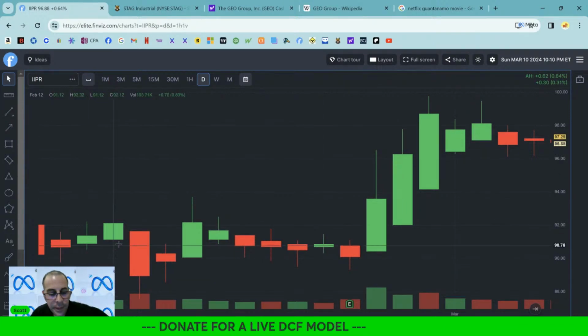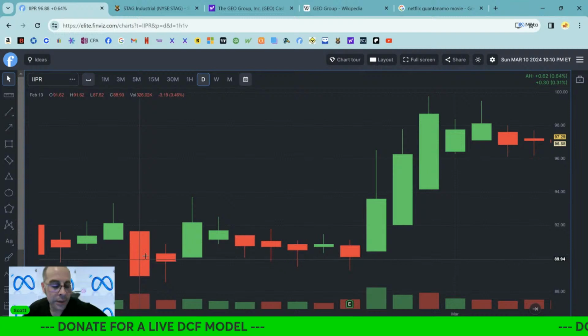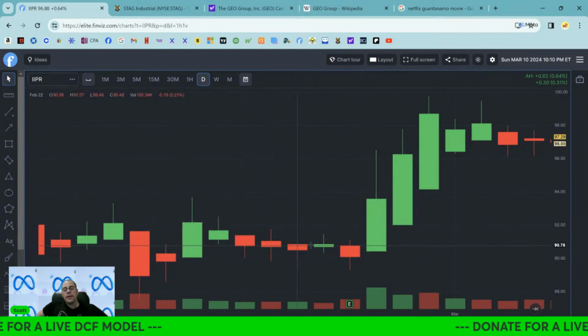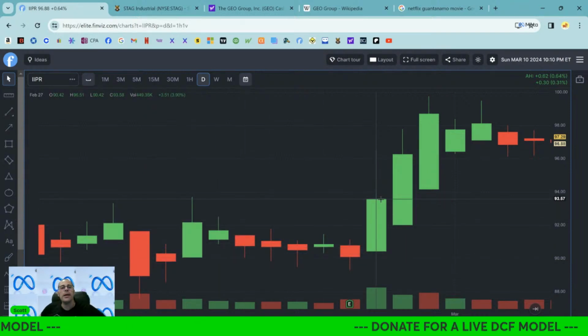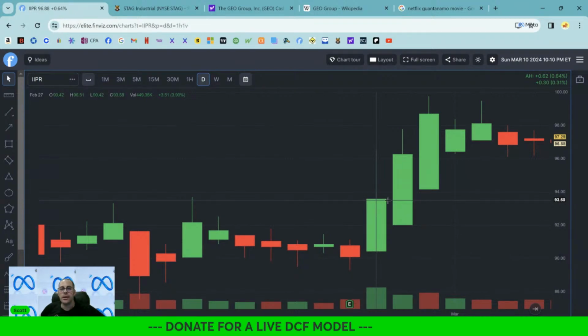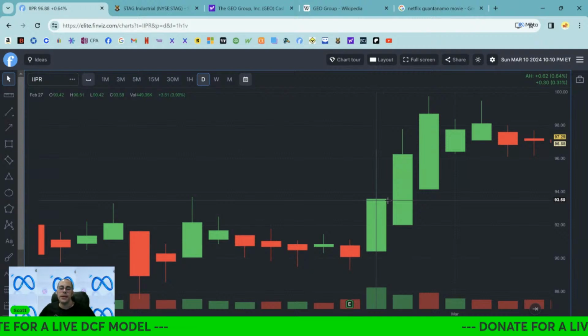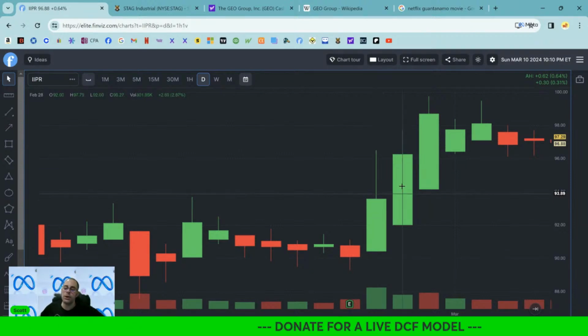But you could try to look at these candlesticks and try to identify trends. But if the market is green on a trading day, it's likely your stock will go up. If it's a red day and a lot of stocks go down, your stock will go down. So stocks aren't really independent.